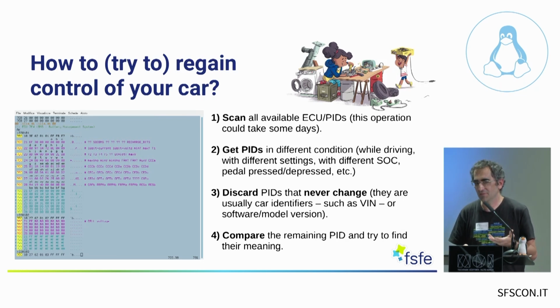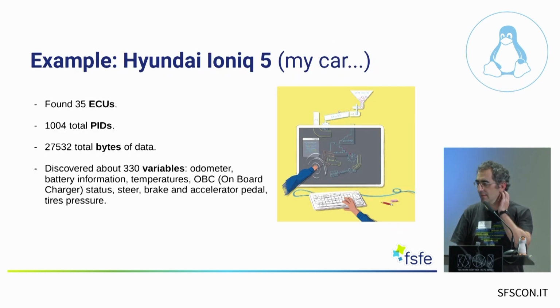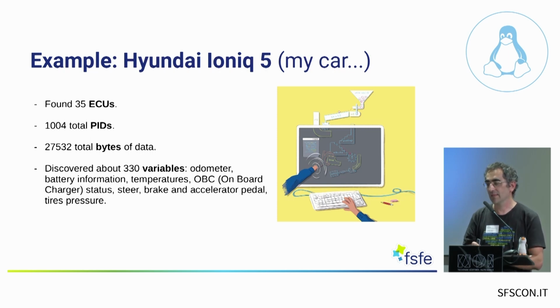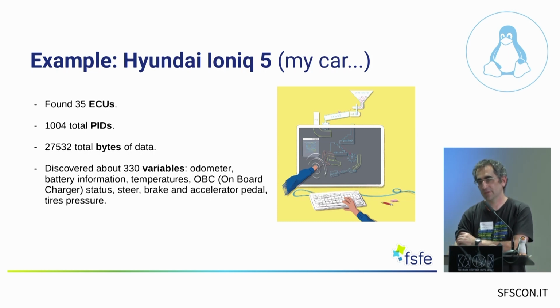It is reverse engineering, so it's a quite hard and time-intensive task. For example, in my car, I found 35 ECUs, about 1,000 total PIDs, and about 27,000 bytes of data.